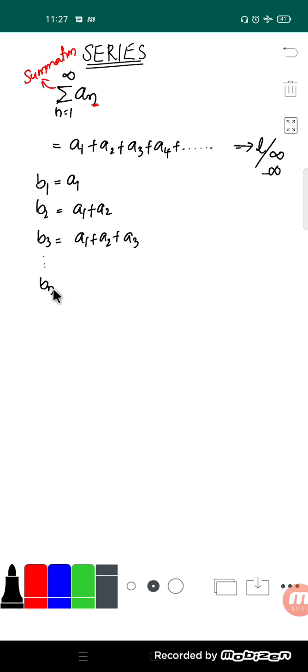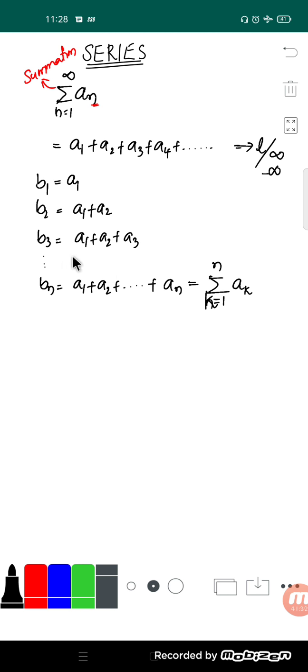We define bn as a1 plus a2 plus so on up to an, the summation of ak for k equals 1 to n.